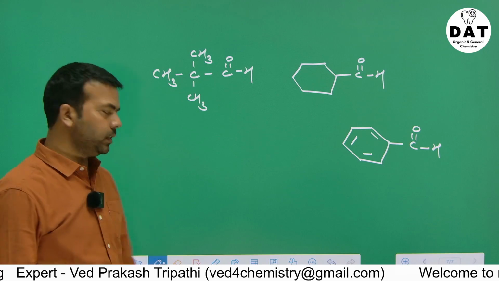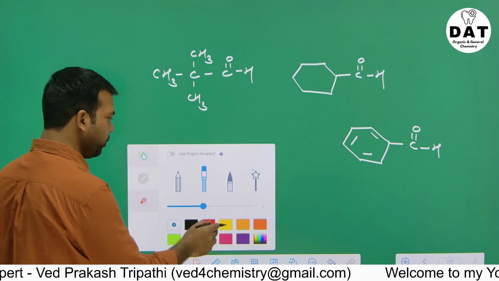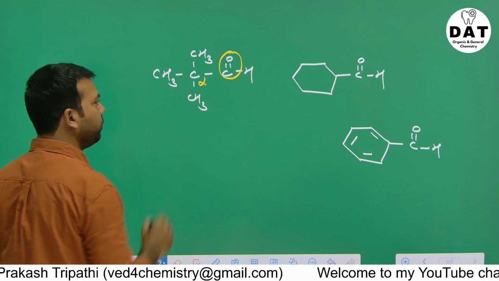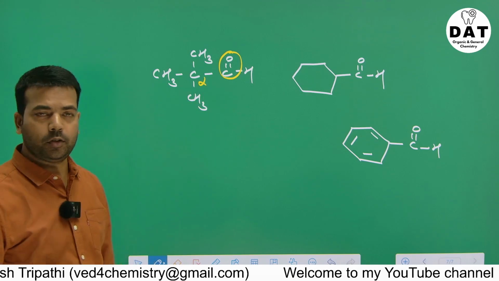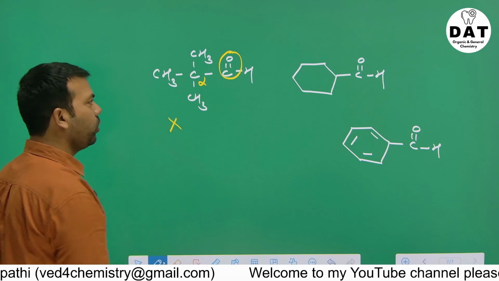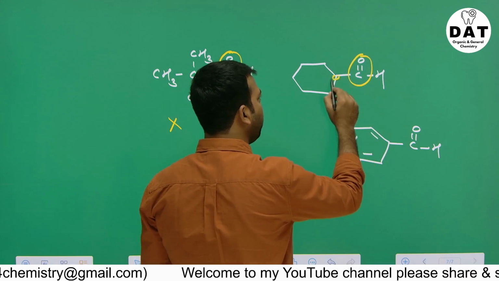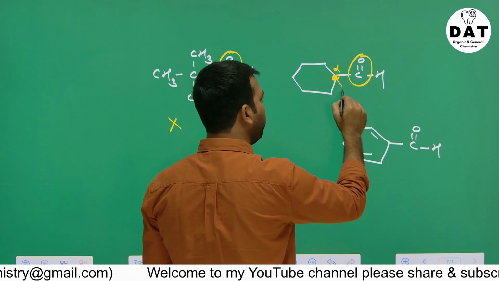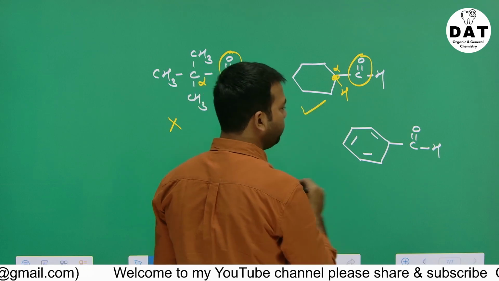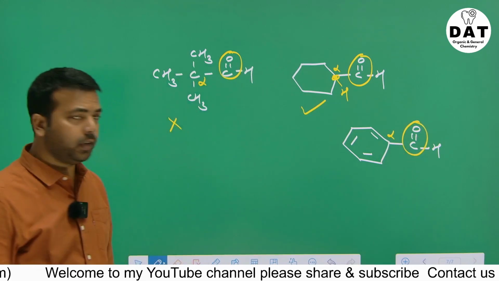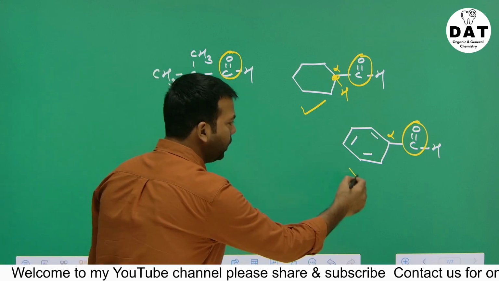Here we can say this is my carbonyl carbon, this is the neighboring alpha carbon, but here we don't have any hydrogen, so this is not going to give tautomerism. This one is carbonyl, this one has alpha carbon, and here we have a hydrogen, so it will show tautomerism. And this one is alpha carbon, but we don't have any hydrogen, so again it will not.